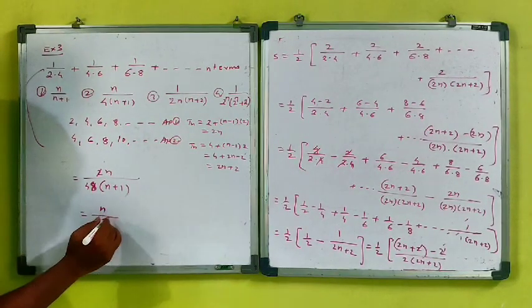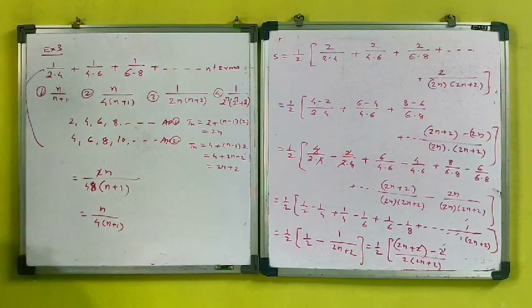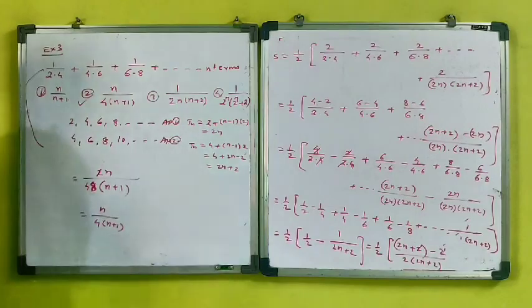So the answer is n upon 4(n plus 1). So the answer is the second option for this.